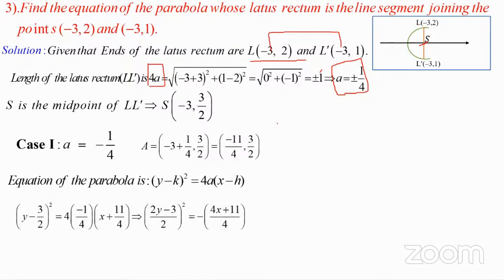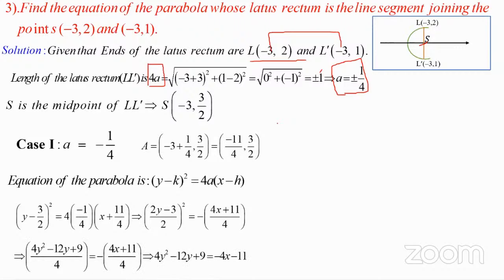Then substitute the values. y minus 3 by 2 whole square equal to 4 of minus 1 by 4 of x plus 11 by 4, which is nothing but 2y minus 3 by 2 whole square equal to minus of 4x plus 11 by 4. Then solve this one. You will get 4y square minus 12y plus 9 by 4 equal to minus of 4x plus 11 by 4.